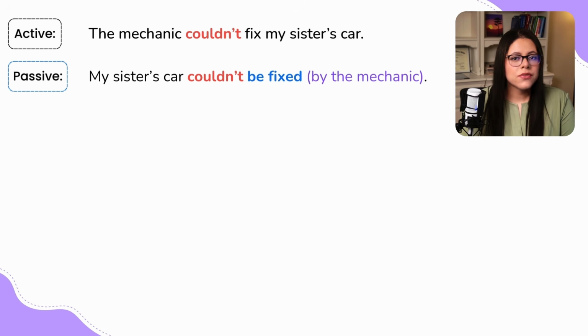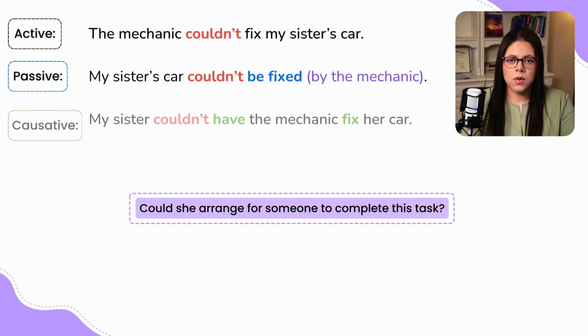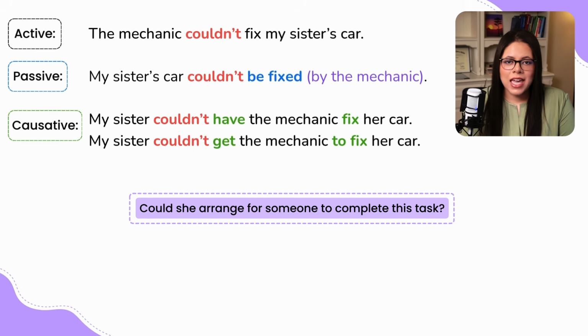Now let's change the focus and answer this question. Could she arrange for someone to complete this task? No. So my sister couldn't have the mechanic fix her car. My sister couldn't get the mechanic to fix her car.